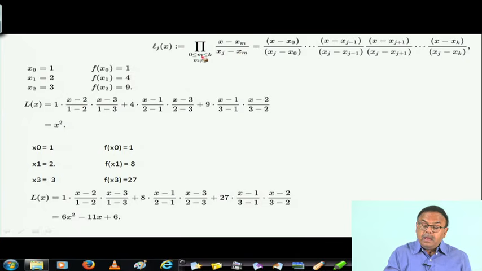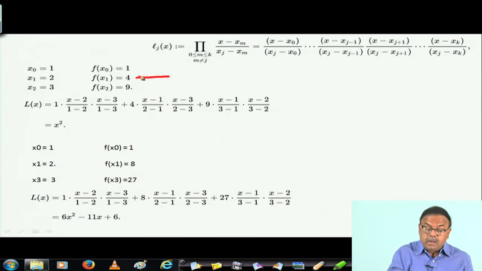M will be something that is not the same as j. I have got 3 points, so I will not take this one: x minus 2 divided by 1 minus 2, times the second term, x minus 3 divided by 1 minus 3, plus 4.